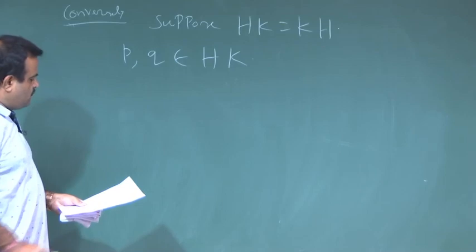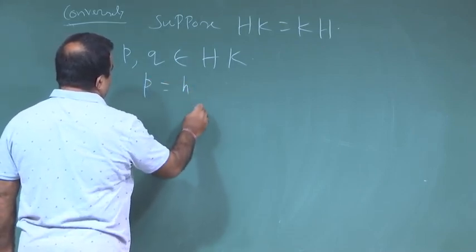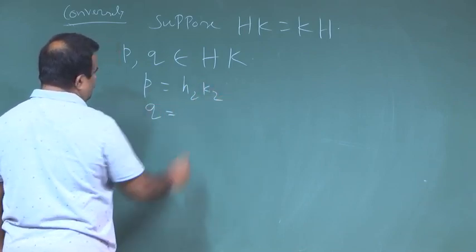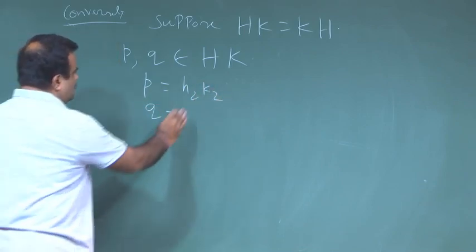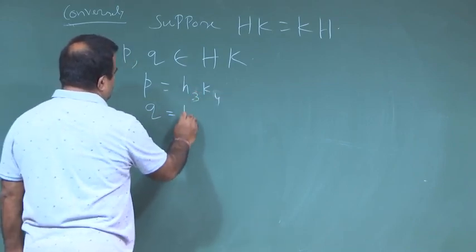Okay. So, now if p and q are in this, p will be something like h3 k3 and q will be something like k4 h4, anyway you can take.